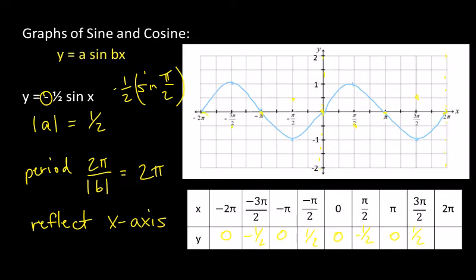So the yellow graph is what is going to represent, still a period of 2 pi, but this time our amplitude is actually 1/2, and our entire graph is reflected across the x-axis. So that's helpful for us to see in that question.